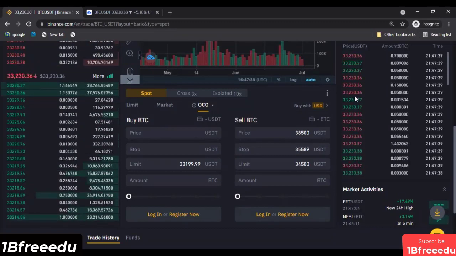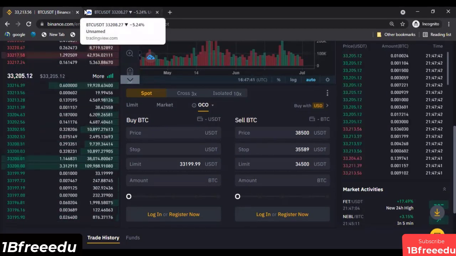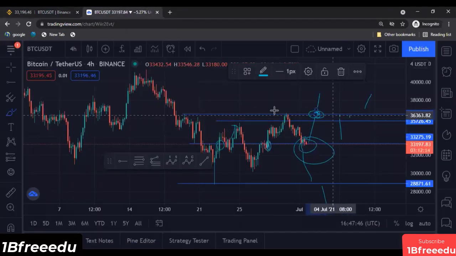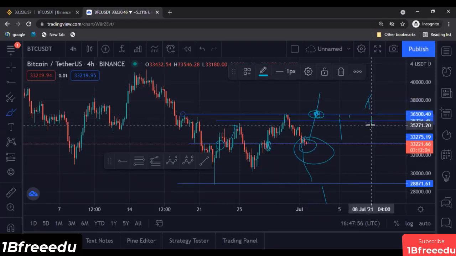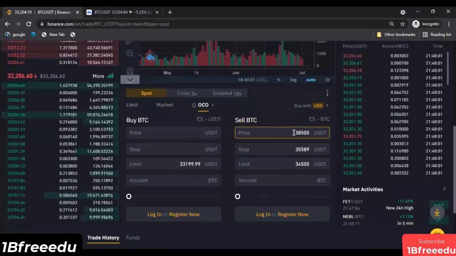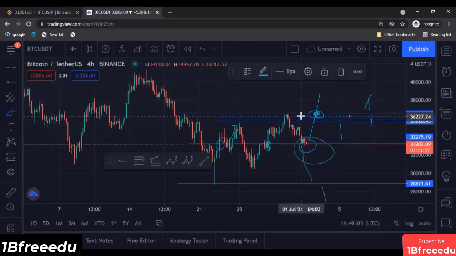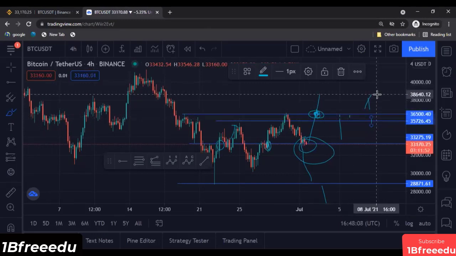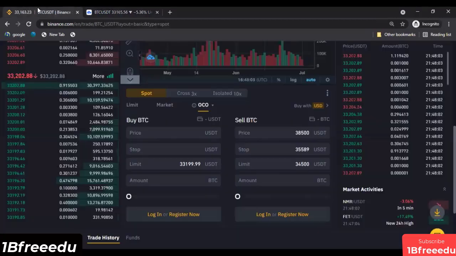But for that to happen, the price should be somewhere around 34, 35, or 36, somewhere near it. Basically what I mean by this is that if it touches this resistance, there can be a breakout, or there can be a breakdown. So if there is a breakout, then you can sell quantity at 38,500. But if there's a breakdown, you can sell it at this point or somewhere near it.